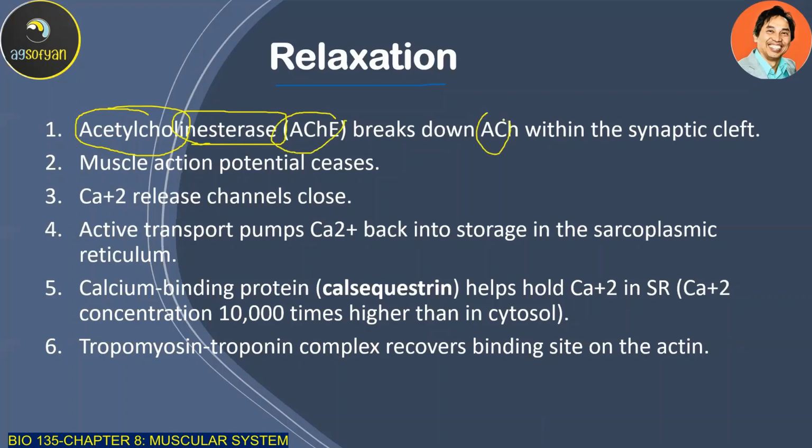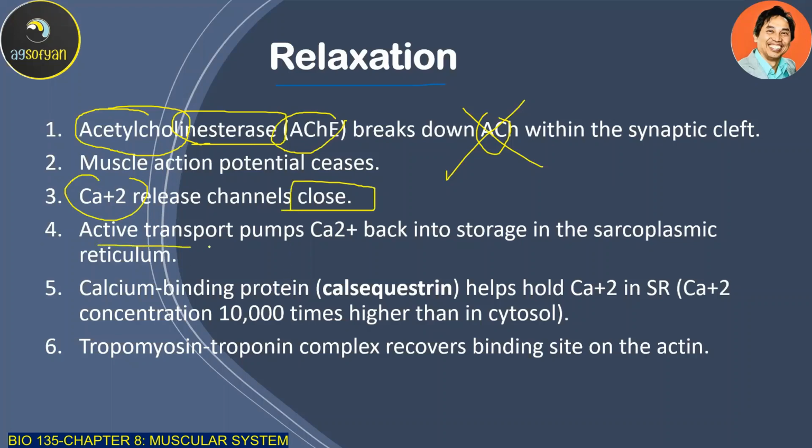It will remove the acetylcholine from the synaptic cleft. Therefore, acetylcholine will not be available. If it is not available, then the sodium channel will be closed. Sodium will not enter the cell, and then the calcium release will also be closed because there is no sodium inside the cell.